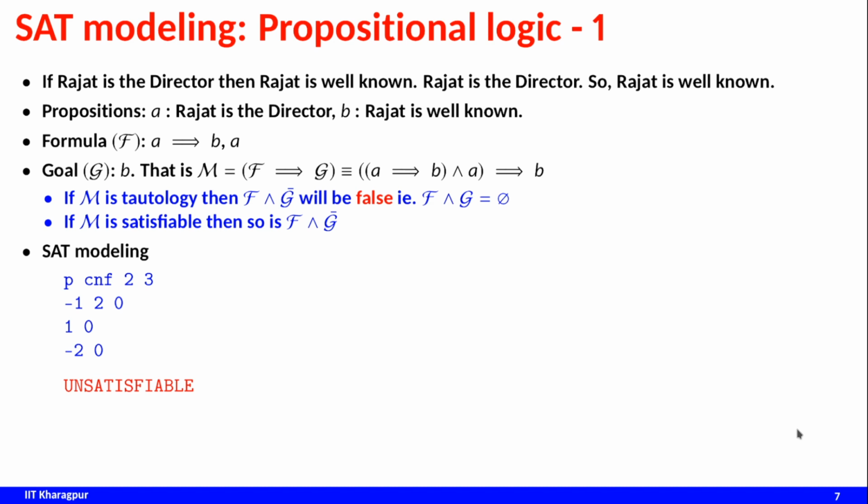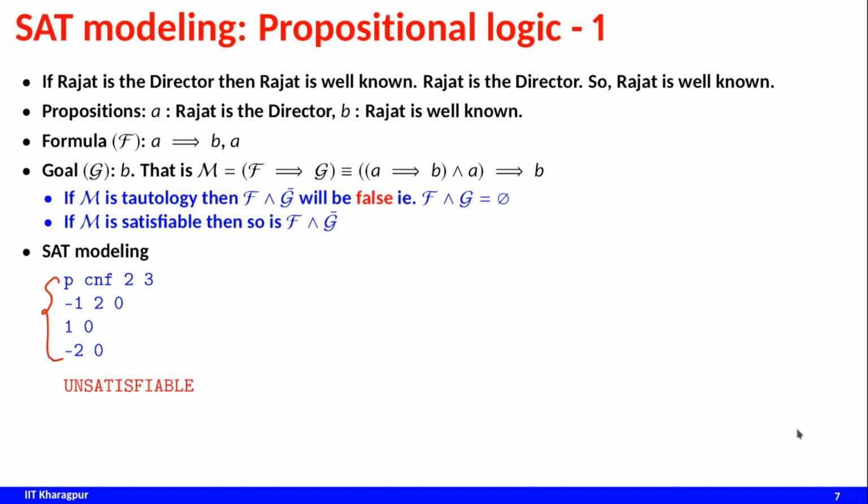If I give this to a SAT solver, it yields an unsatisfiable answer. That means there does not exist any solution for this one. So this is unsatisfiable, and then we can say the implication is actually true. You can easily verify this. If I write the boolean expression, it will be clear.